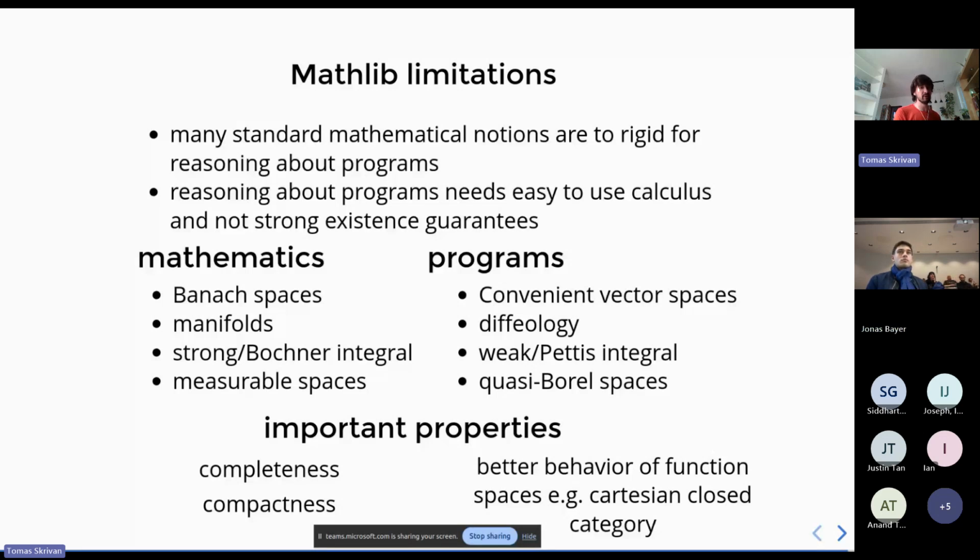Mostly the problem is that Banach spaces, for example, if you take a space of differentiable functions between two Banach spaces, then it's not a Banach space. Again, if you take a space of all the functions between two manifolds, you do not get a manifold. So in dealing with programs, you really need a very good notion of a function space, such that it has nice properties.